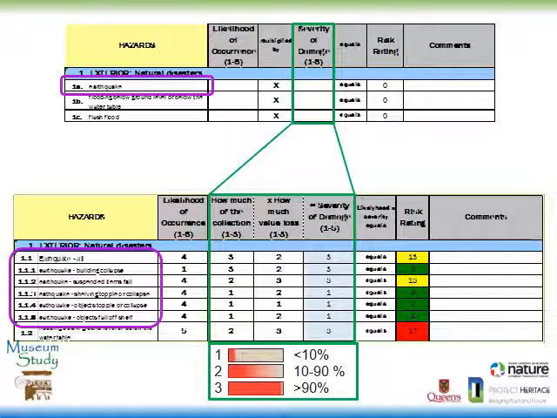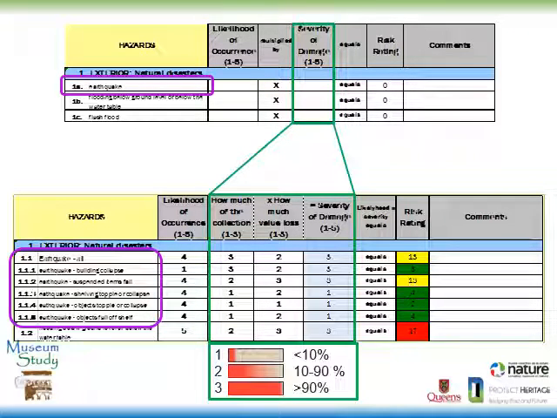If it's anywhere in the mid-range, between 10 and 90%, then we'd score that as a 2. And finally, if more than 90% of the collection we expect to be affected, that would be a 3, or if more than 90% of the value is expected to be lost, then that also we would score as a 3.